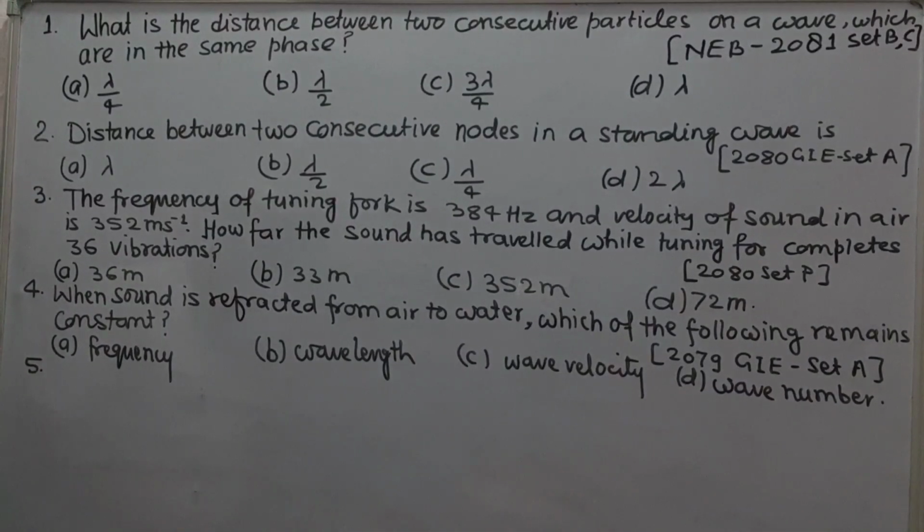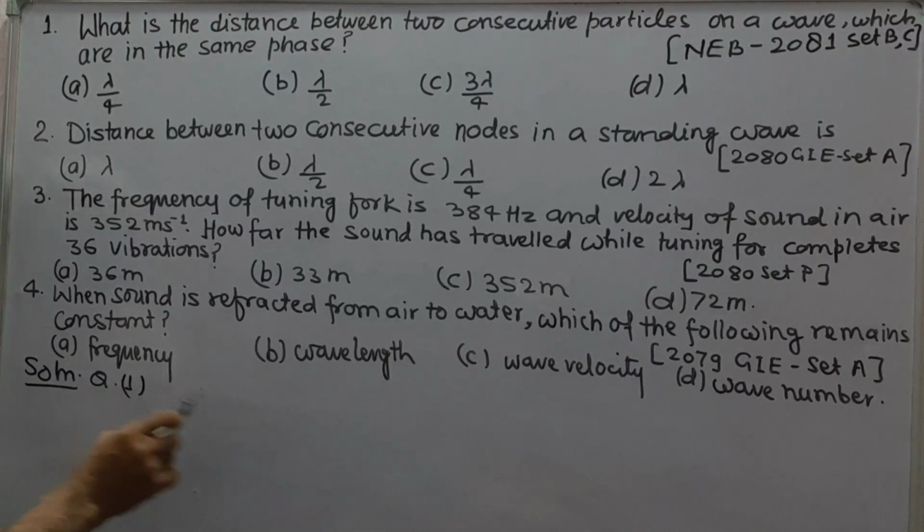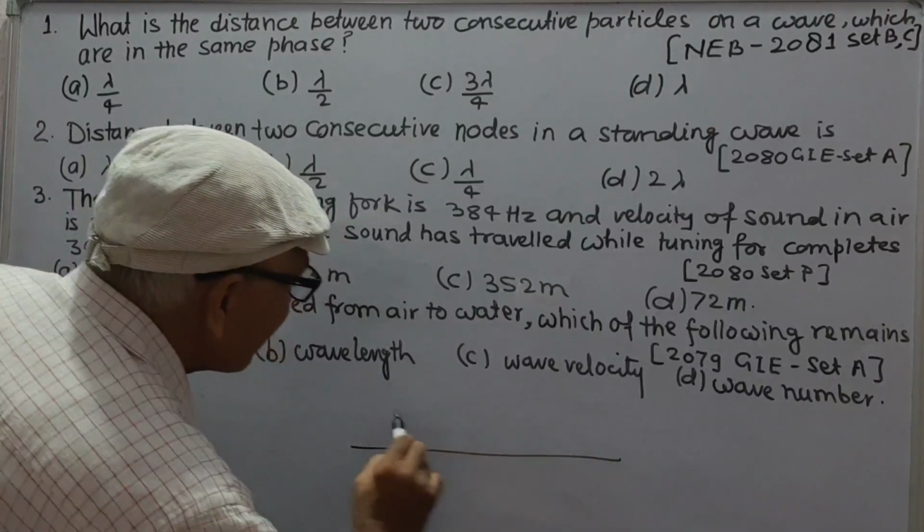Now question number 1, what is the distance between two consecutive particles on a wave which are in the same phase? Solution to question 1. Suppose this is the wave.